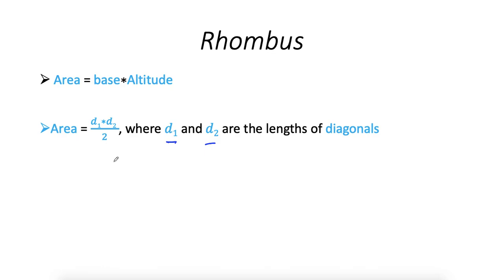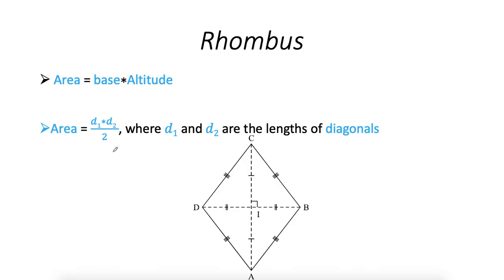So you can find the area of a rhombus in two ways, either by considering base and altitude, or you can use the diagonals as well. If I consider this as a rhombus, and this length BD as the first diagonal and this CA as the second diagonal, what will be the area? That will be D1 into D2 divided by 2.